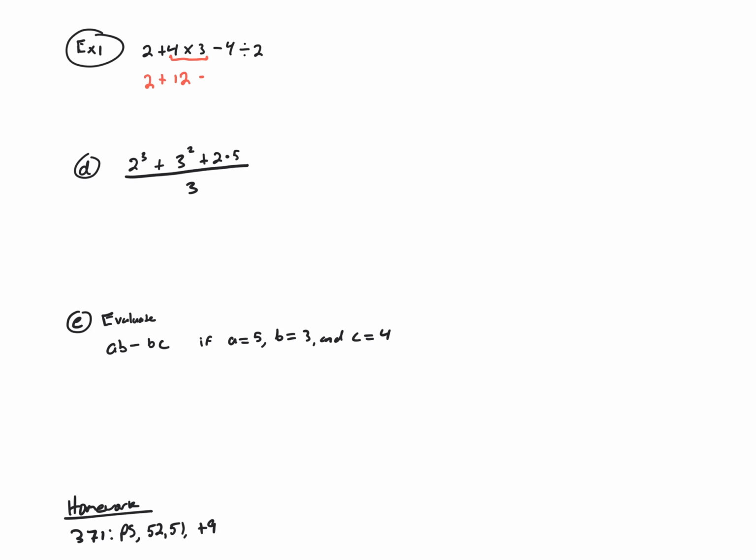And then I'm going to keep that subtraction sign, and then here's a division. So 4 divided by 2, that's 2. Now, that's all my multiplication and division, so now I'm going to do add and subtract from left to right. So 2 plus 12, that is, not that, it is 14 minus 2, and my answer then is going to be 12.